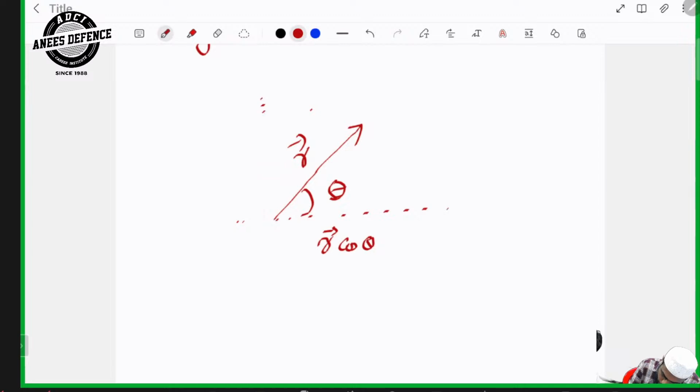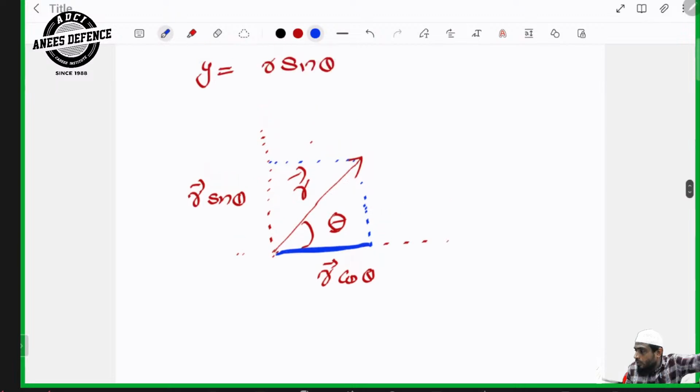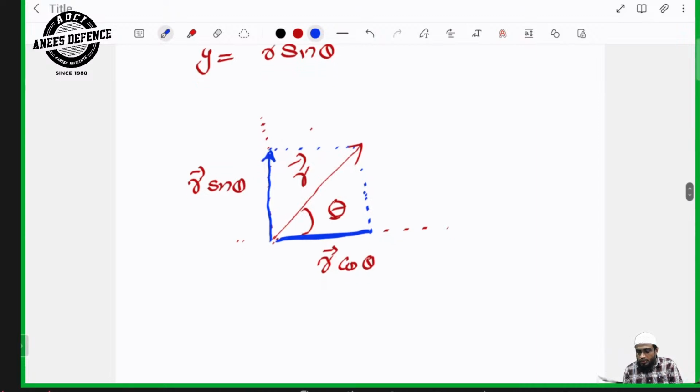In the perpendicular direction, we have to consider R sin theta. But what length do you have to consider? This should be the length, this is R cos theta. Here also, you cannot go on infinitely, it should be this much. This is resolving a vector into two components. Understood?